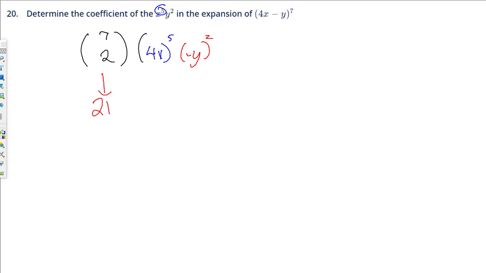What's 4x to the 5th power? 1,024. And then negative y squared is going to be y squared.